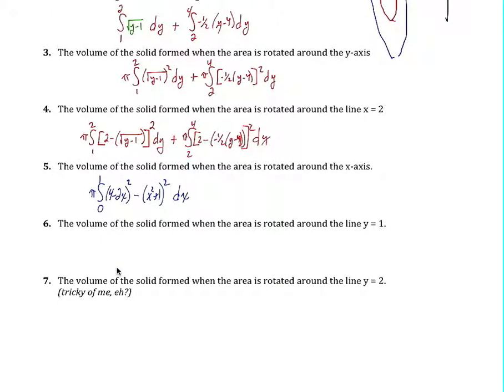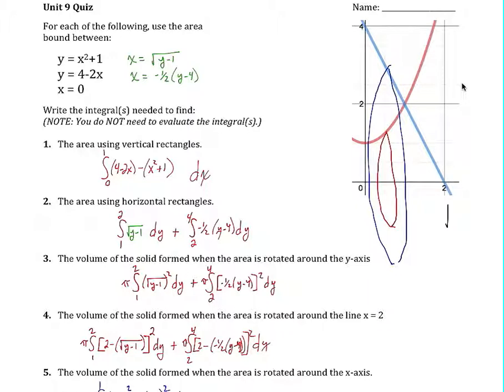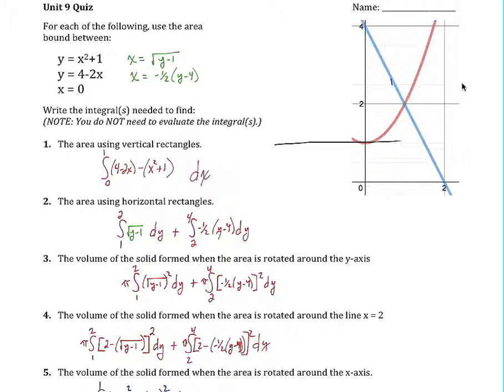The next one here, instead of rotating along the x-axis, we're rotating around the y equals 1 axis, and what that's going to do for us, let me erase these disks. So no longer are we rotating around the x-axis, we're now rotating around this axis right there, which means that our washers are going to be much smaller.